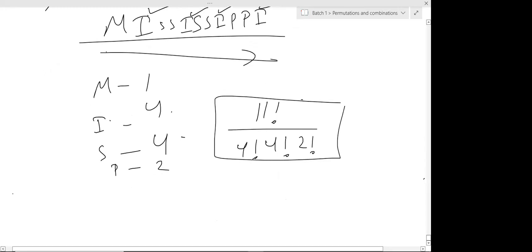Let's solve another question of this type. You have Allahabad.